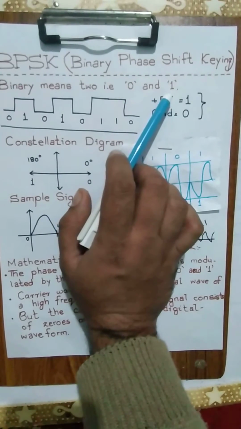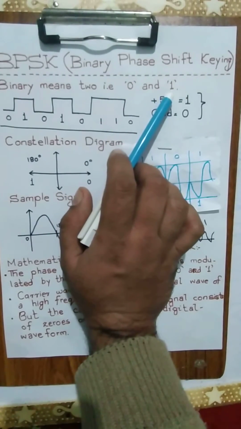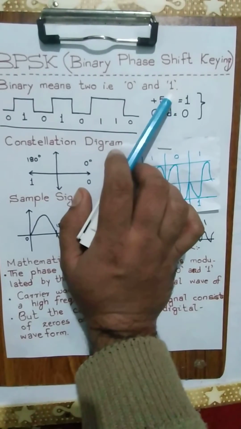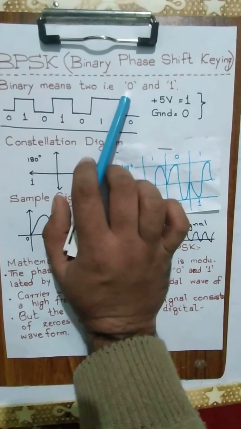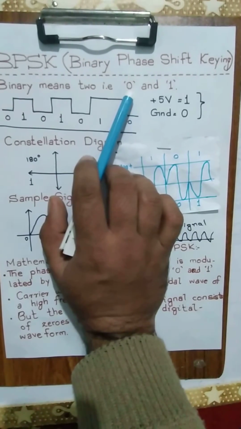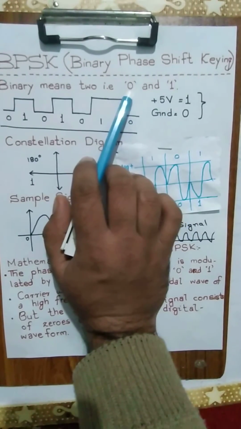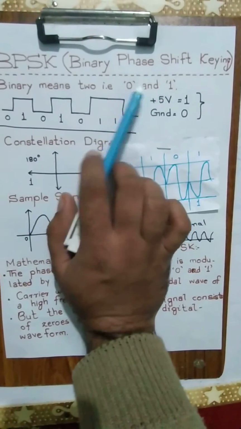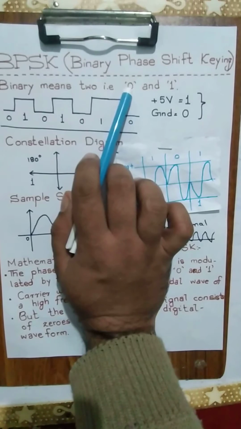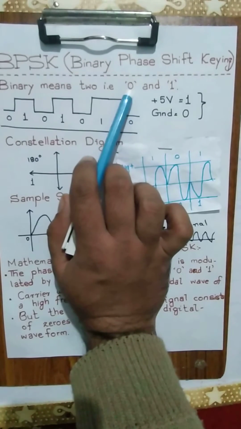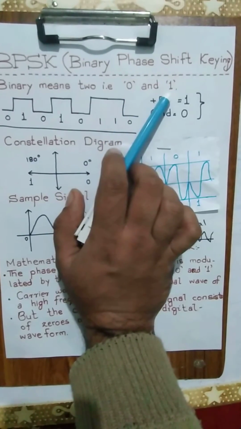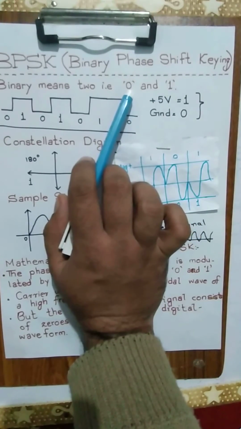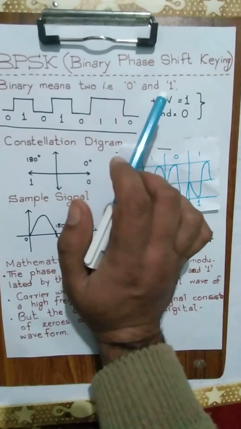Or you can consider that if 1 shows the bulb on, then 0 shows the bulb is in off state. So 0 and 1 are just the logic levels. You can also assume that 1 is 5 volt and 0 is ground. So these are two states.